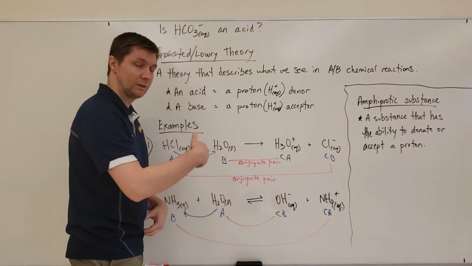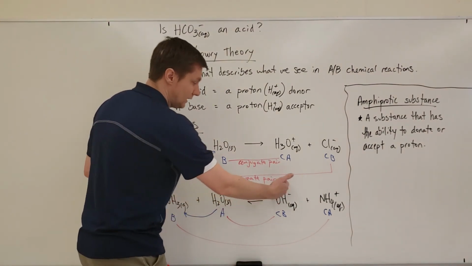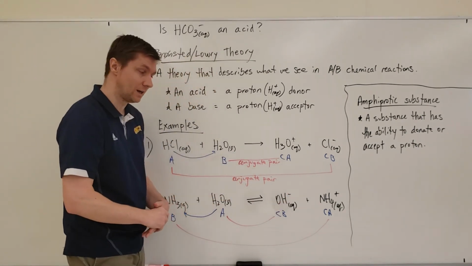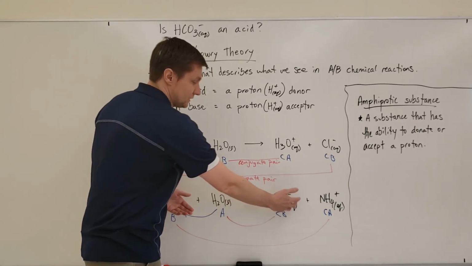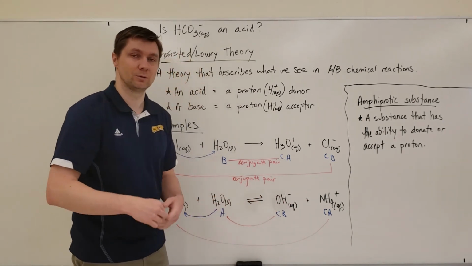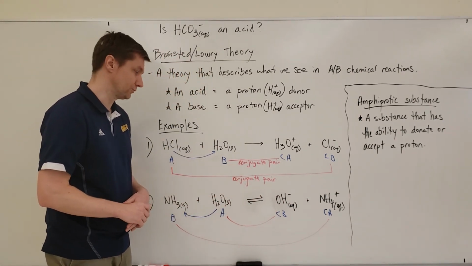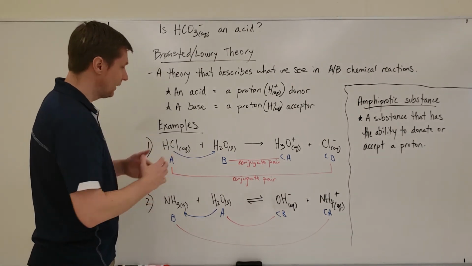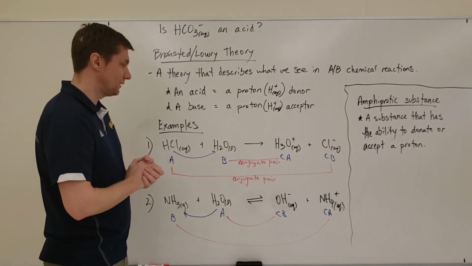Water, because it donated a proton, became OH minus, hydroxide ion, and so this is the conjugate base. This acid conjugate base relationship is the conjugate pair for those two. And so that's what you need to know as it relates to that.